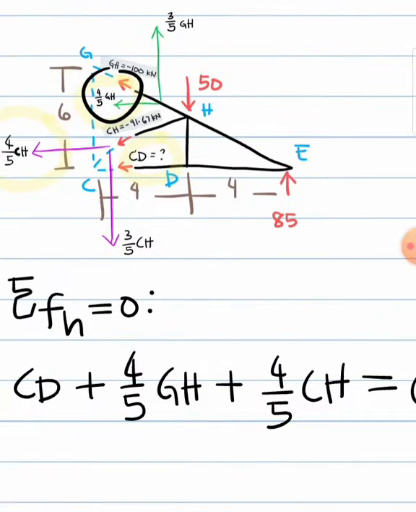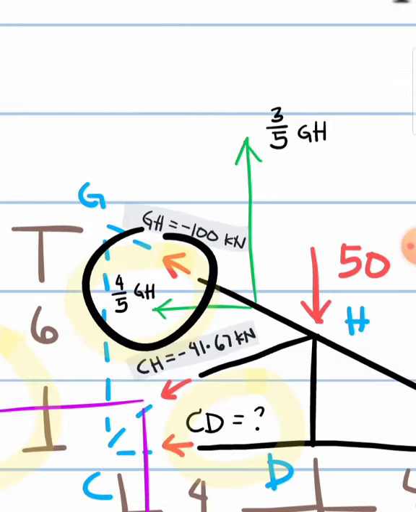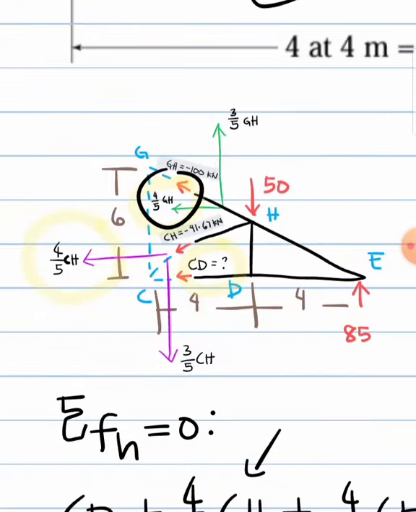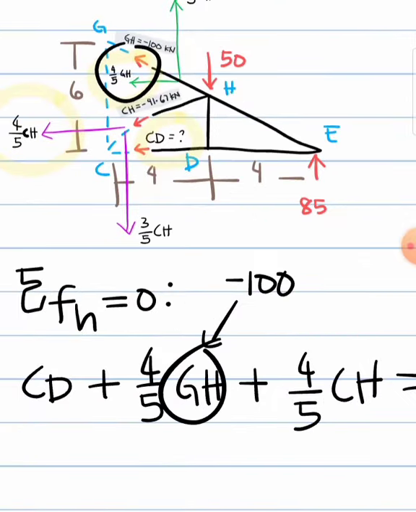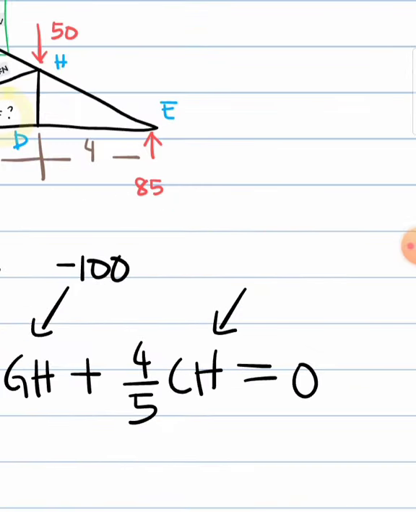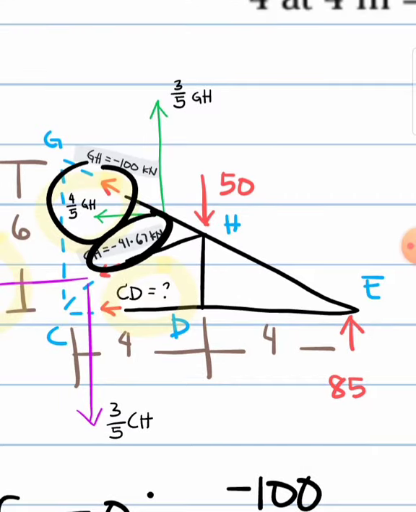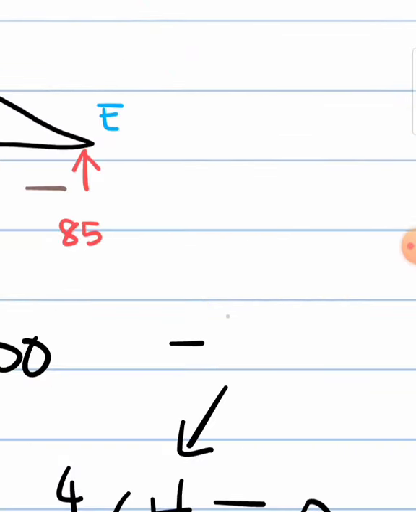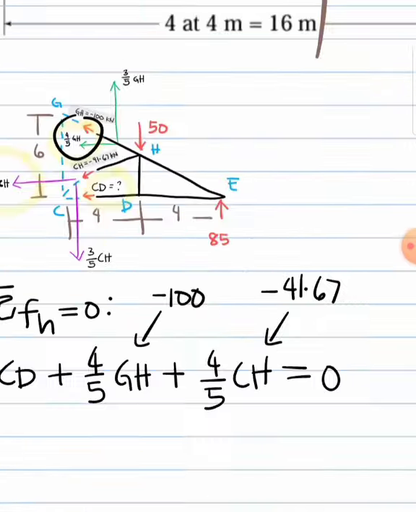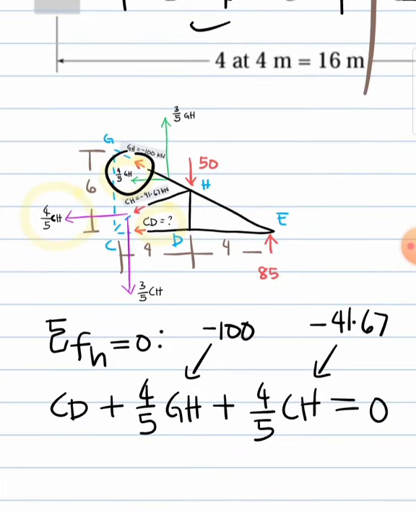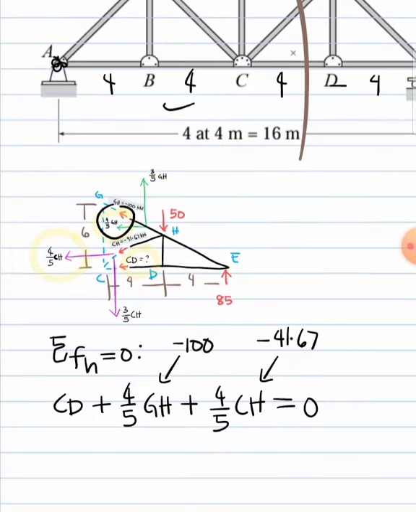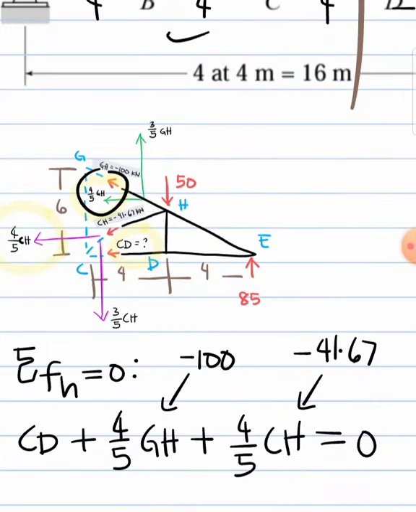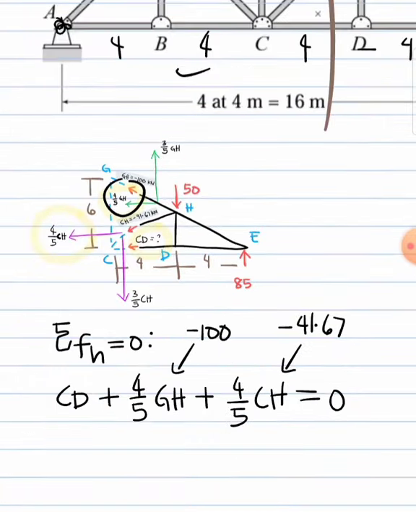We already know what GH is a while ago. It is negative 100. So we just substitute negative 100 to this GH, and in CH it is 41.67, also negative. So we must be consistent, right? If we got negative here, as we solve, just plug in negative also to the values.